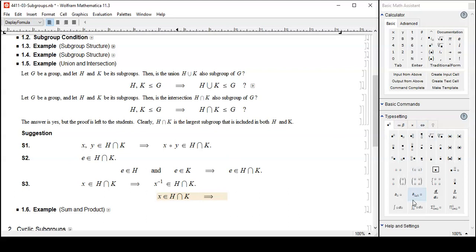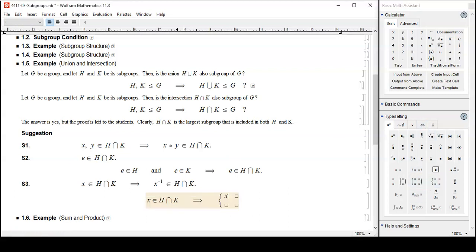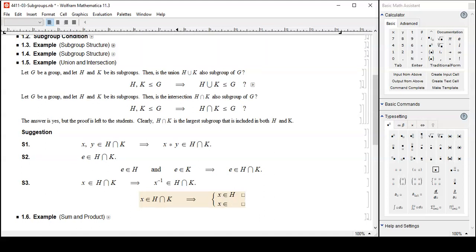Therefore, x belongs to H and also x belongs to K. x belongs to H. Therefore, what can I conclude? x inverse belongs to H. Does it make sense? Because H is a subgroup.